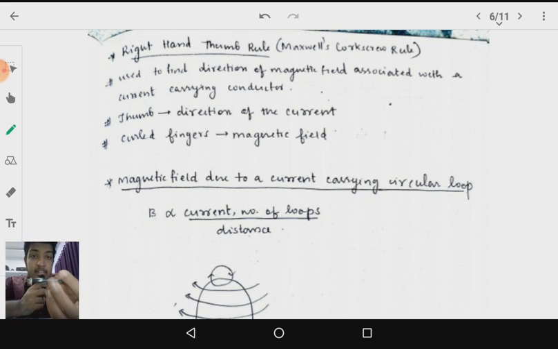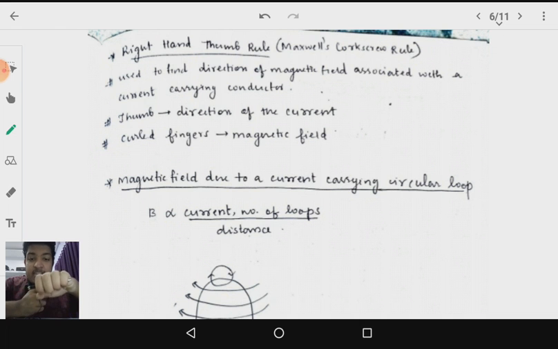So if the current carrying conductor is like this, then the magnetic field is like this, that is pointing towards me, curling inwards, then the current is towards the right side. So this is how we are predicting the direction of the magnetic field from the direction of the current. Suppose this is the conductor and the current is flowing towards the left. That means I am going to point the thumb towards the left.